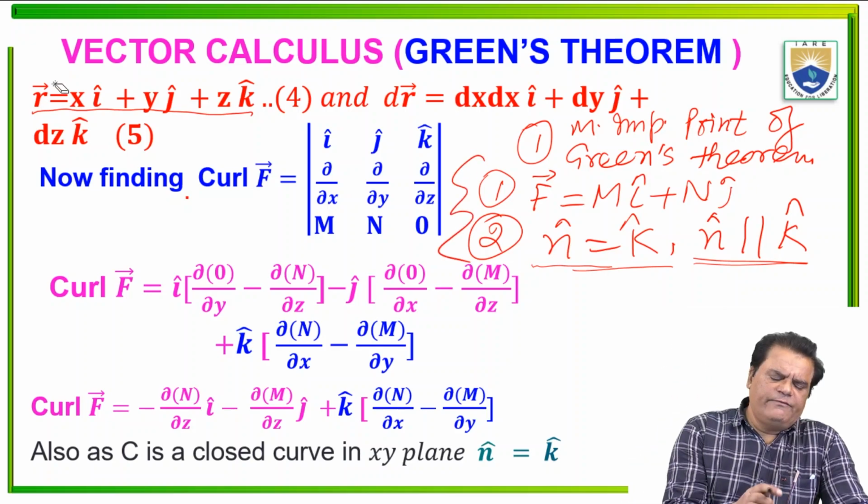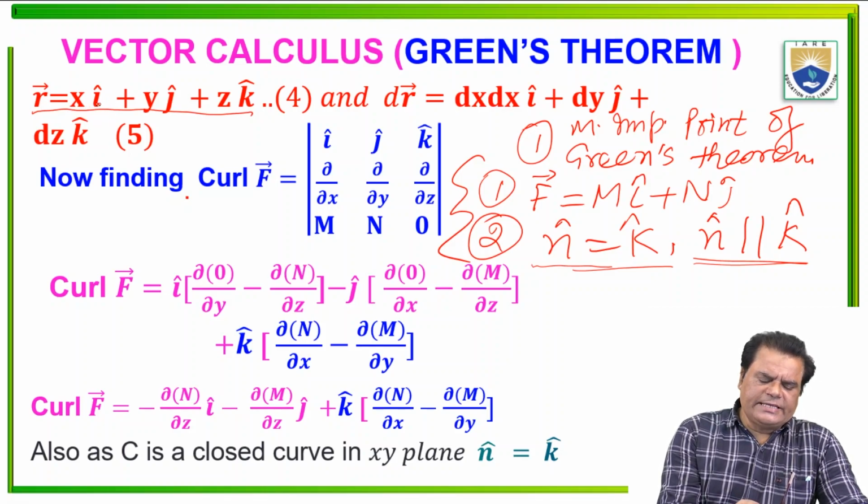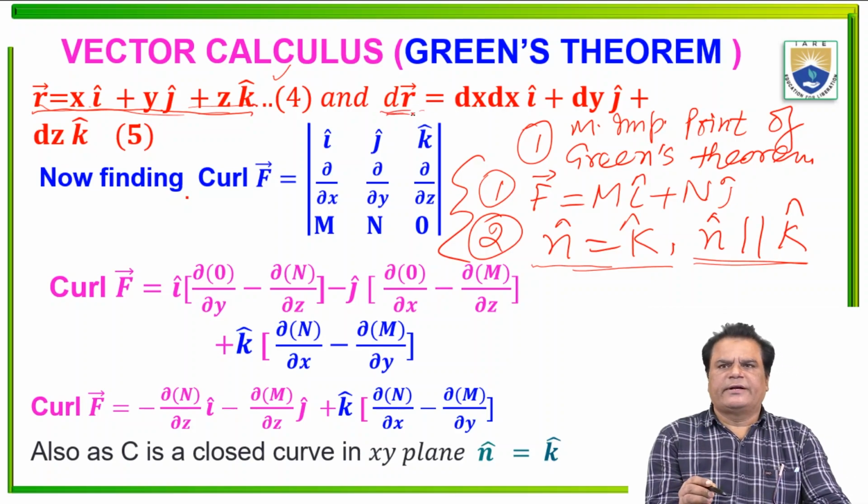So now R vector is the position vector of a point P on the surface. That is represented by x i plus y j plus z k. This is equation 4. Now differentiating R vector, we get dr vector.